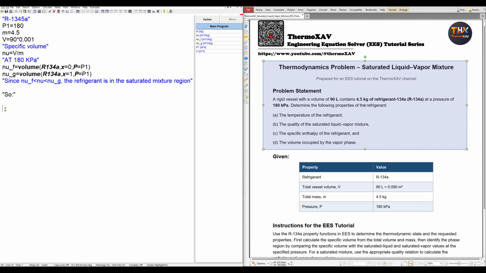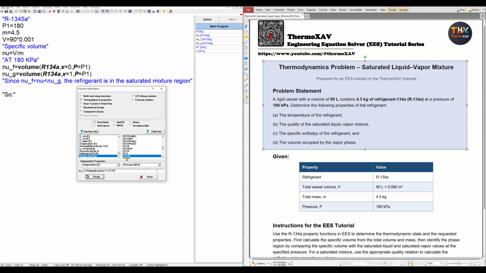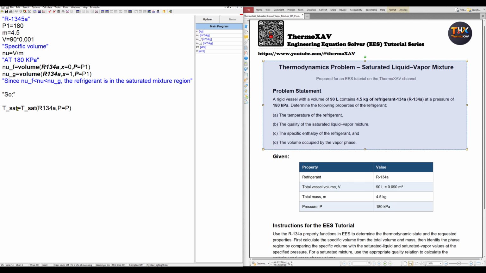We have this function in EES. I can go to the function information, still R134A, and then here you can find the saturated temperature. I can simply click here and paste it. I will call this one T1, corresponding to this P1, and then we have here T saturate, and the pressure is 180, which is P1.